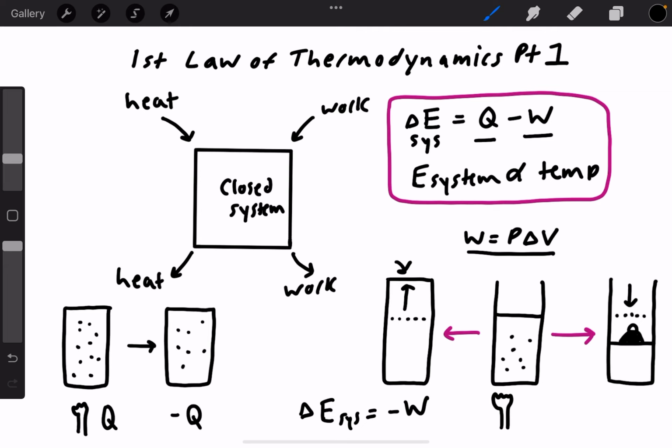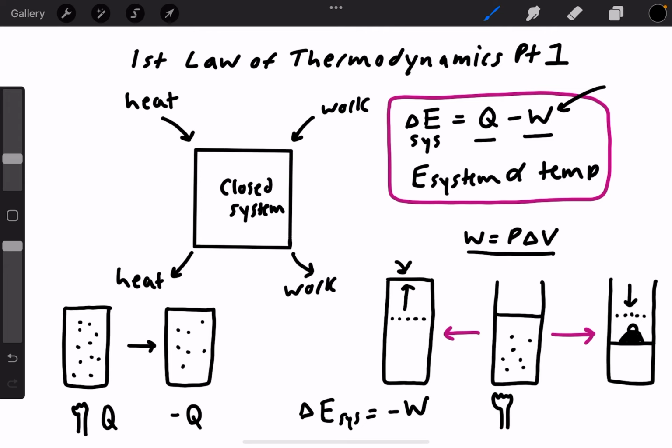So work here is positive. So if you input a positive number into the equation, it's still going to be negative because of the sign. And so we get a negative W, right? So a change of system.